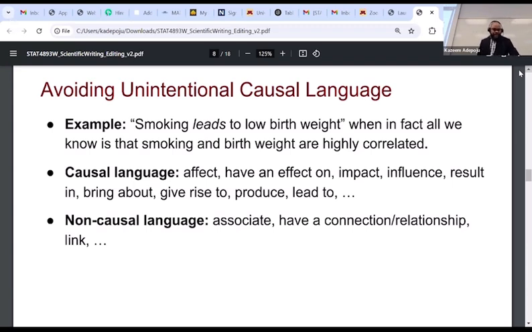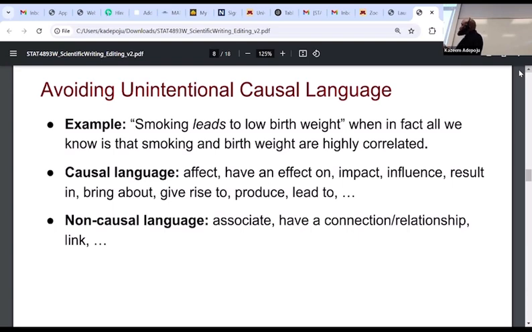What is going to be the benefit that we're going to gain by replacing causal terms with association-based terms? Your manuscript, your research findings, will remain scientifically precise. Because you know what is going to happen if you use unintentional causal language? It will lead to loss of precision.